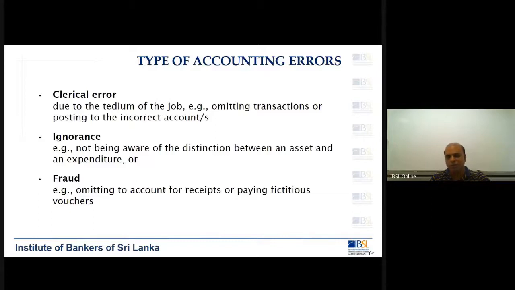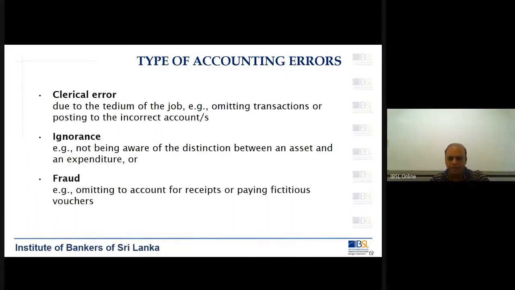Now, due to this fraud, what happens? The ultimate trial balance that you are going to extract is of no use because it is going to come with a lot of errors. So the clerical error, ignorance error, fraud, all these are now going to end up in creating so many errors, and the result of that is not visible in your trial balance.